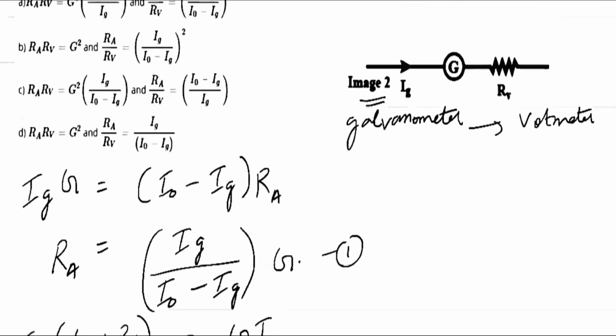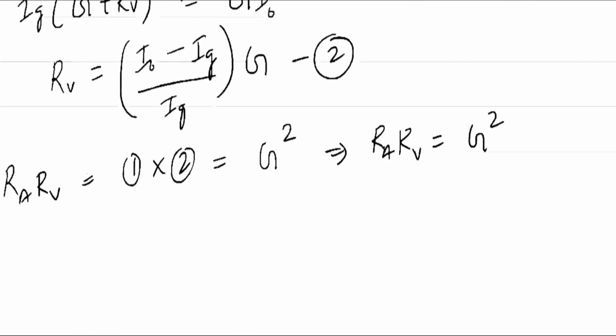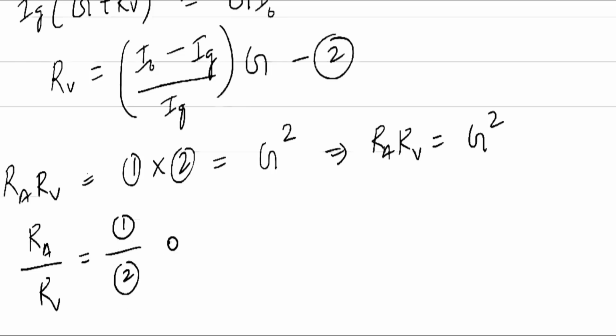What about the other term they are asking? It is RA upon RV, right? So RA upon RV, the second one, is basically 1 upon 2. If I do that, G is going to get cancelled and I will get the relation between Ig and I naught minus Ig.